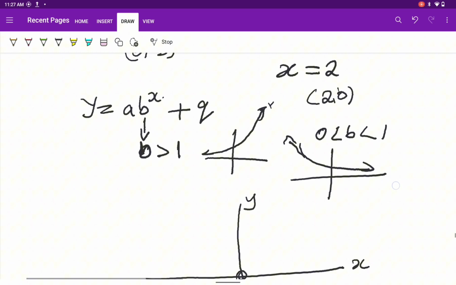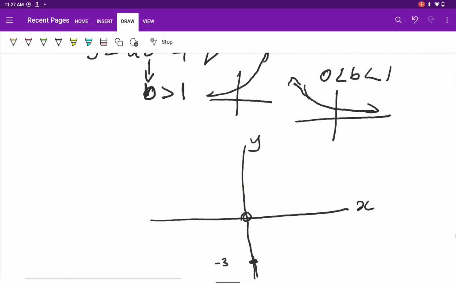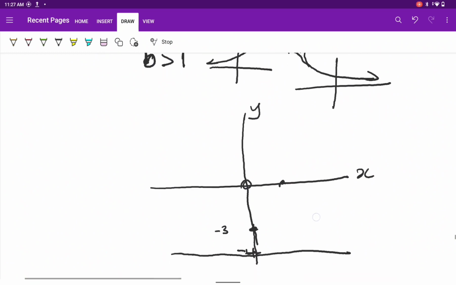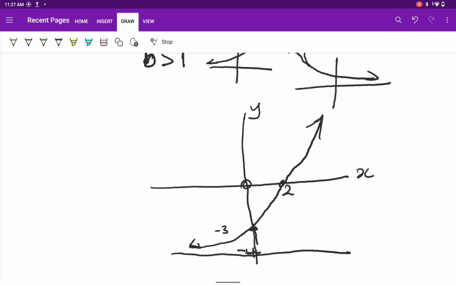We said that the graph will cut the x-axis at 2, so we will have 2, and then we sketch our graph. So it's an increasing function. This is our asymptote, and it cuts the x-axis at 2 there. So this is how we sketch the graph.